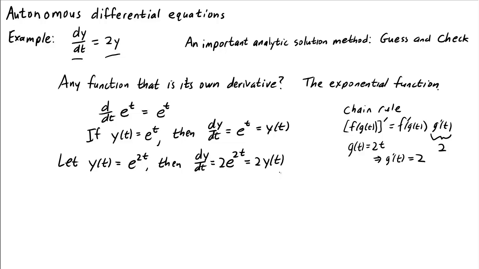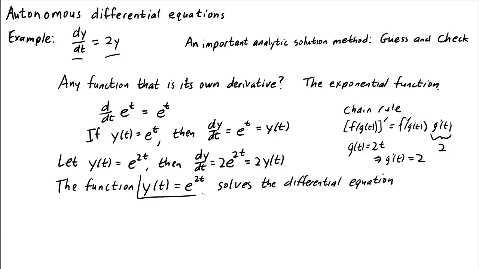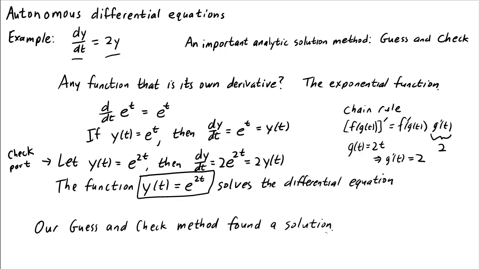And that's exactly what we're looking for. The function y of t equals e to the 2t solves the differential equation. Our guess and check method worked. We used our knowledge about the derivative of the exponential function and the chain rule to guess a form for our function y of t, and then we plugged it into the differential equation to check. Here was the check part. Our guess and check method found a solution.